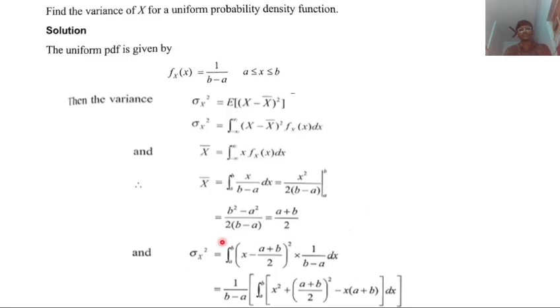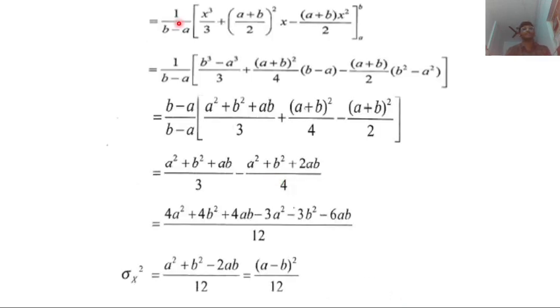On further expansion, 1 by b minus a is a constant, and the integral from a to b of x square plus ((a plus b) by 2) whole square minus x into (a plus b) dx. On solving, 1 by b minus a times x cubed by 3 plus ((a plus b) by 2) whole square into x minus (a plus b) into x squared by 2, under the limits a to b.